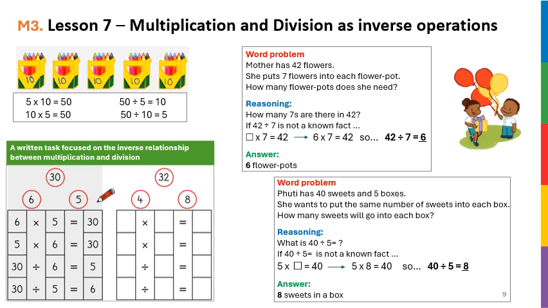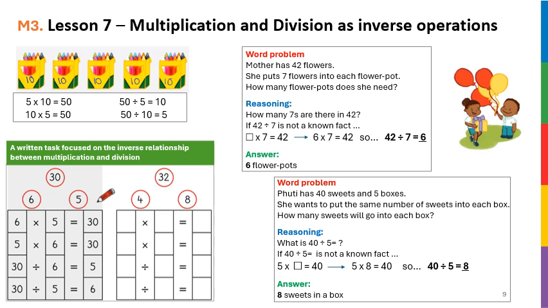And these are actually filled in because it is, as I said, a worked example. So we see 6 times 5 is equal to 30 and 5 times 6 is equal to 30. 30 divided by 6 is equal to 5 and 30 divided by 5 is equal to 6.